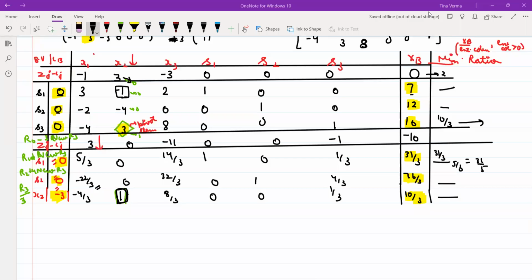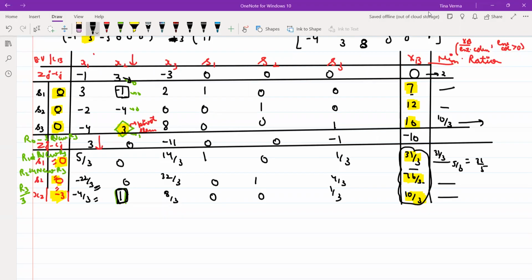You find the minimum ratio when you divide your XB with the entering column. But on the entering column, the condition is that it must be greater than 0, only then you can divide. So 31, yes, you can divide it by 5/3, but you will not divide this entry because it is negative over here.